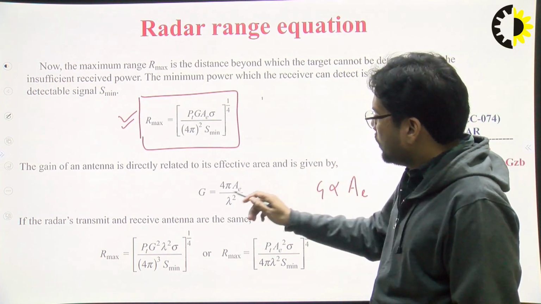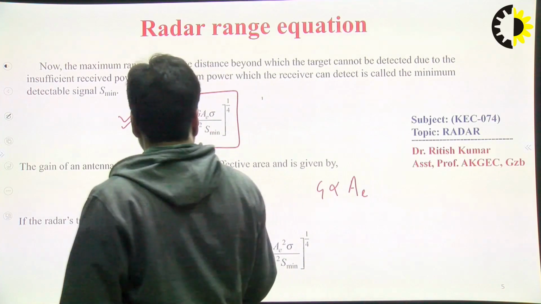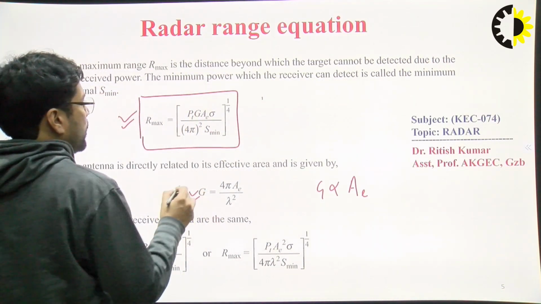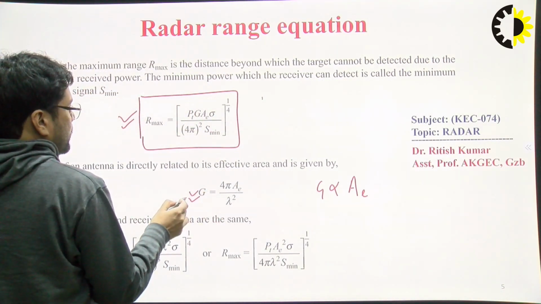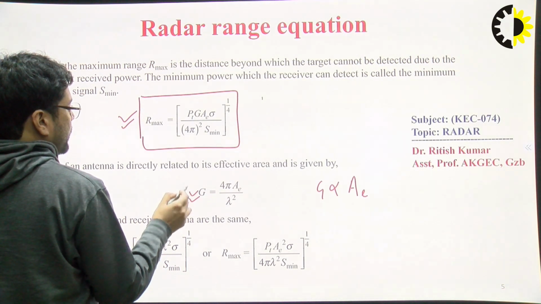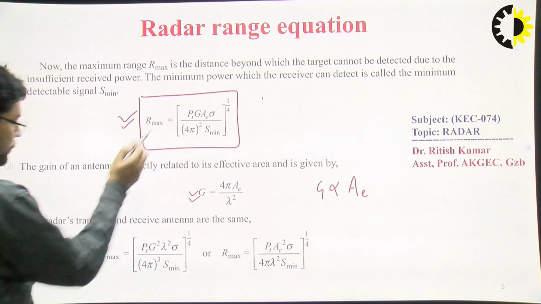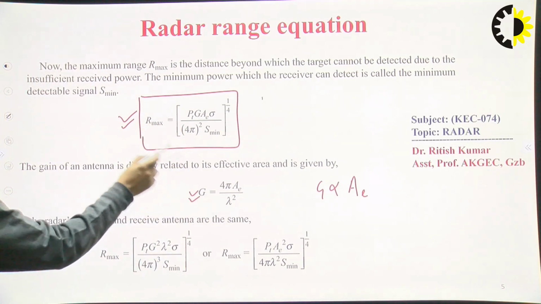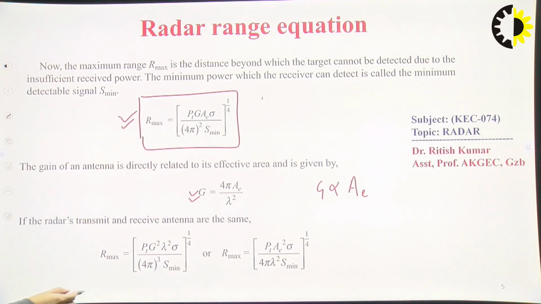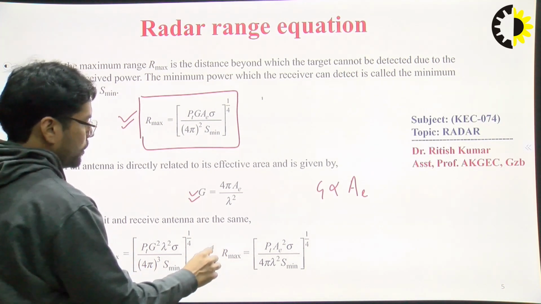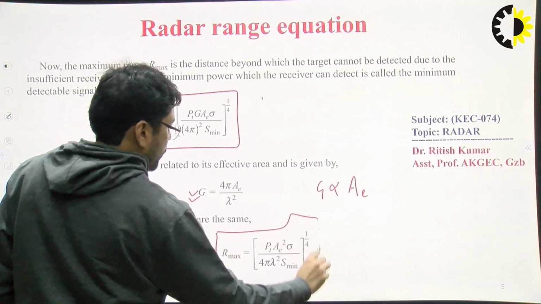If you put this formula of G, the gain of the antenna, into this equation, you will get the R maximum equation in this form, right?